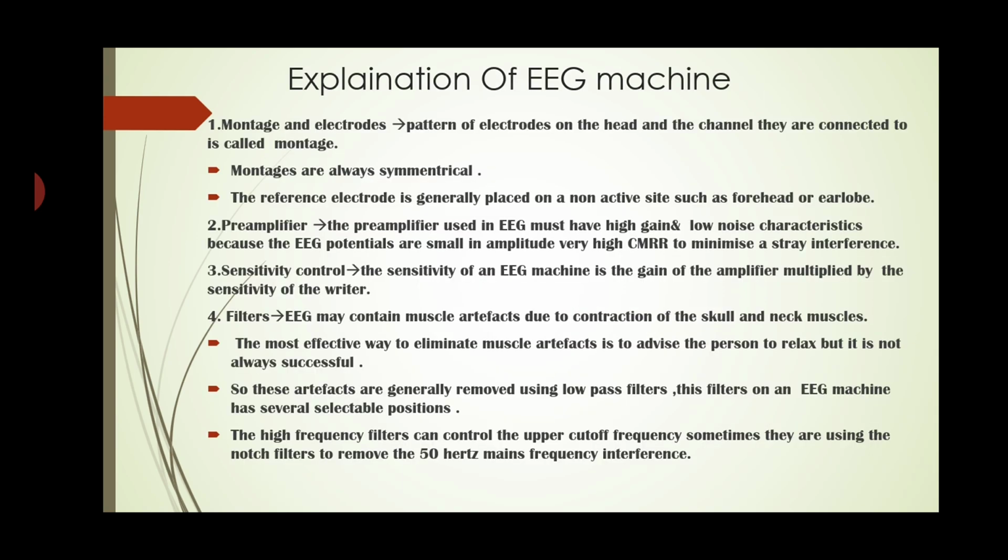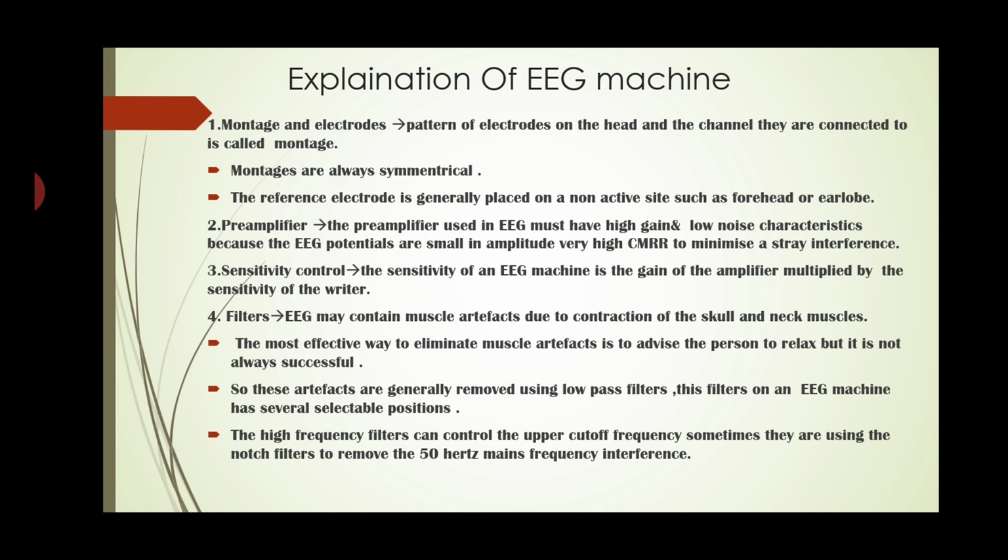Montage and electrodes. The pattern of electrodes on the head and the channels they are connected to is called the montage. Montages are always symmetrical. The reference electrode is generally placed on a non-active site such as the forehead or earlobe.